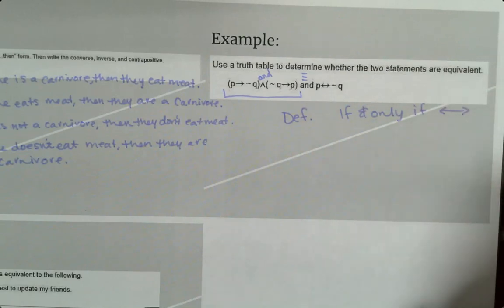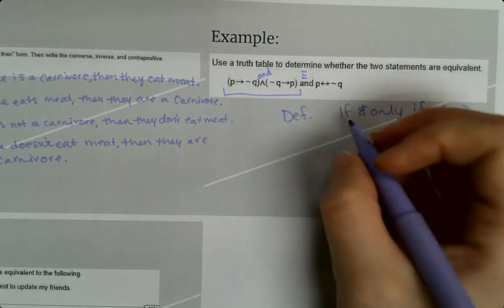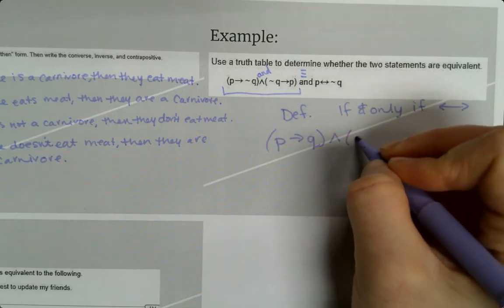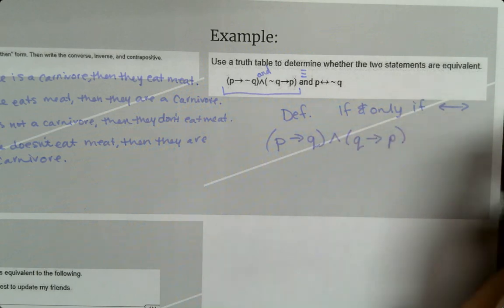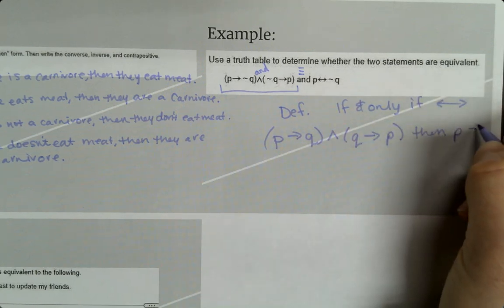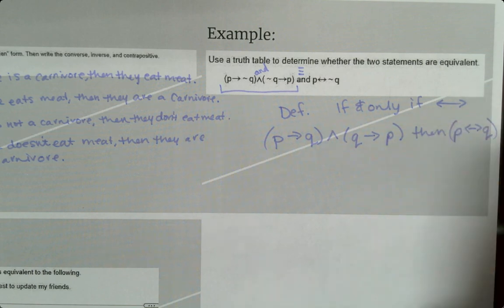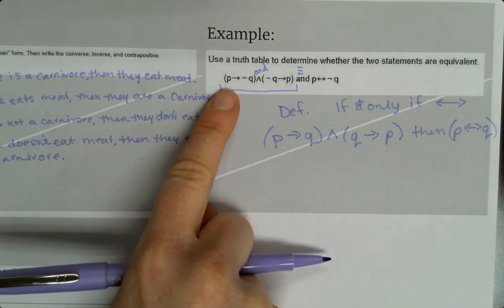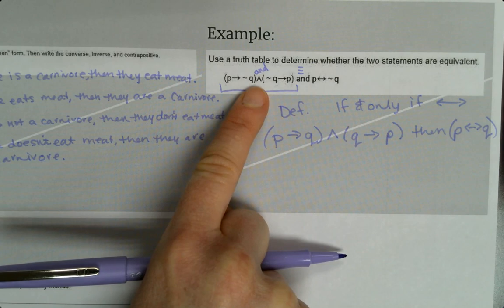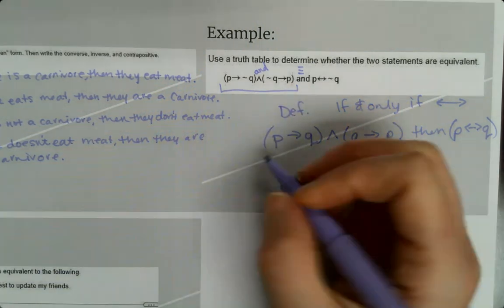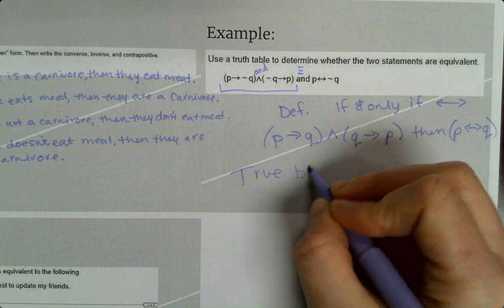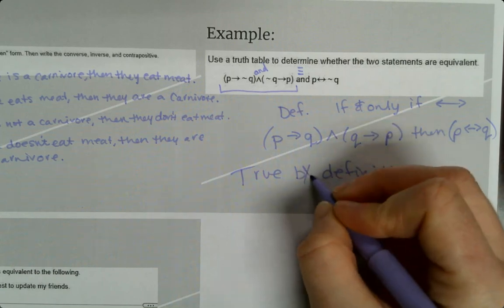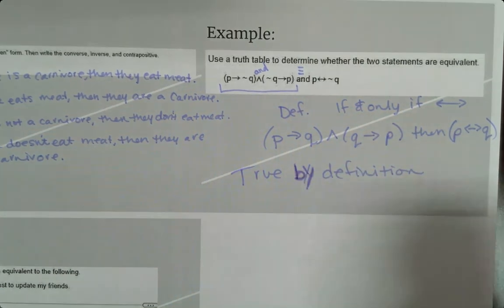That's our double-sided arrow. If P then Q, and if Q then P, then you can do the if and only if. That's the definition. So here it's the exact same, just flipped, with the and symbol between them. So it is an if and only if. This is true by definition. So it is a true statement.